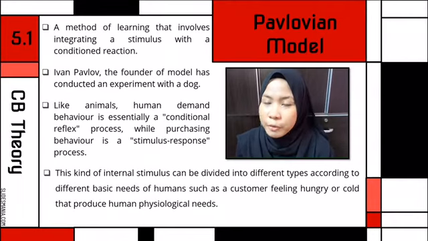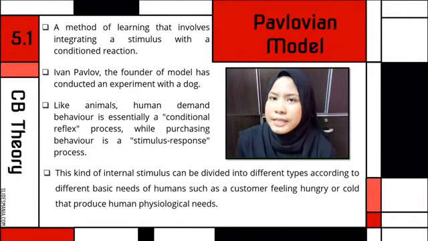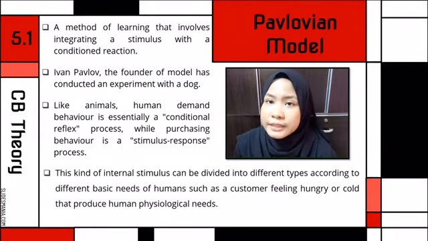The Pavlovian Model is also called a learning model. The Pavlovian Model is about a method of learning that involves integrating a stimulus with a conditioned reaction. The founder, Ivan Pavlov, conducted an experiment with a dog.